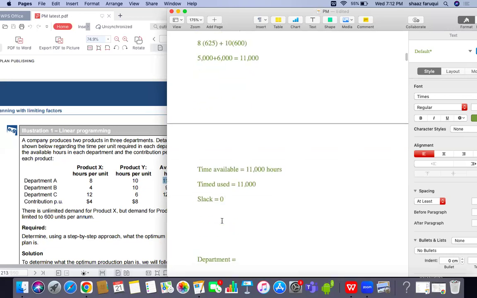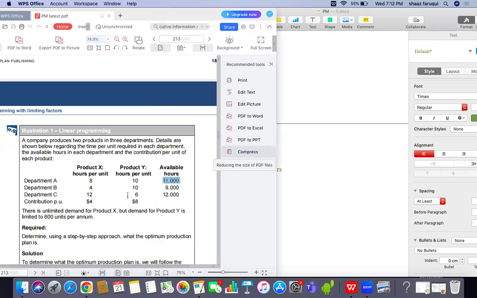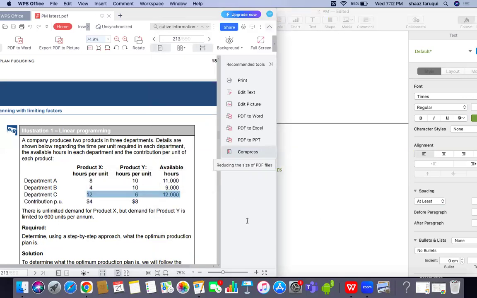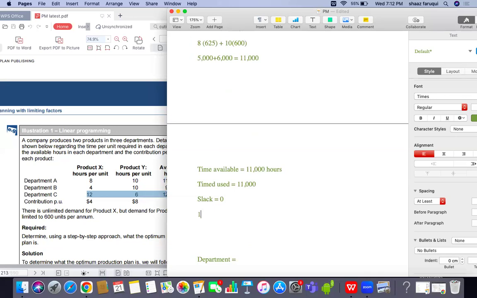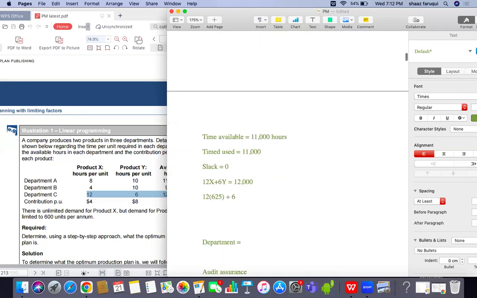Moving ahead further, what about Department C? 12x plus 6y is equal to 12,000. So x is equal to 625, I already know that. Y is equal to 600, I already know that.